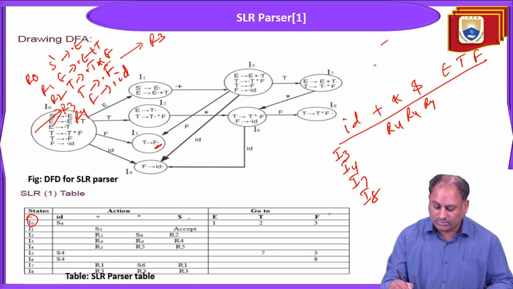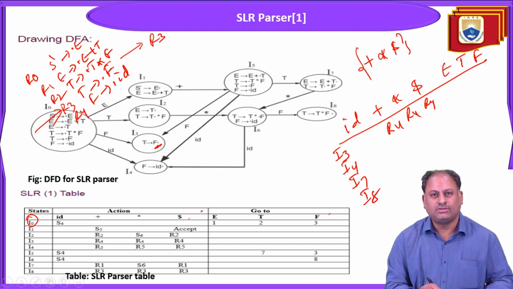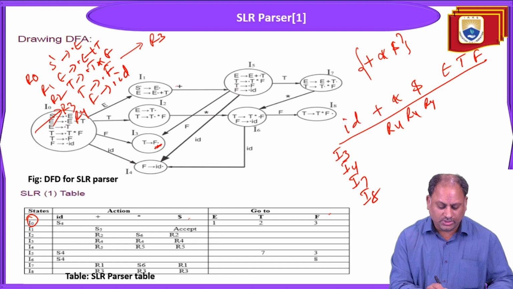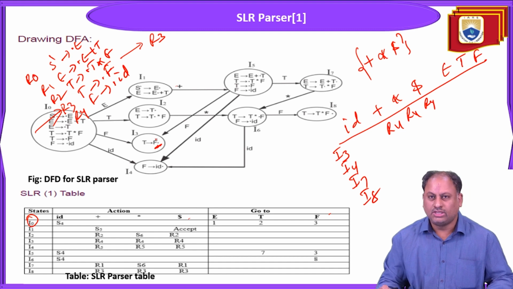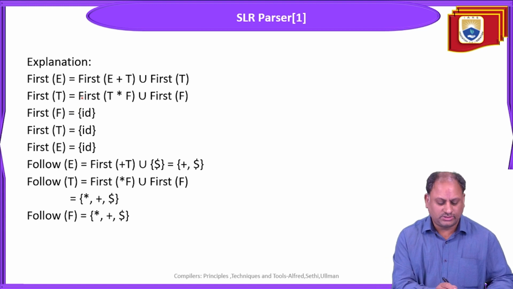Because these three symbols only are to be written: plus, star, dollar. We have to consider the follow of F. Previously we have computed first and follow computation. So the symbol that appears at the right hand side is to be considered as the follow. That's why we have computed first and follow for each of the symbols.